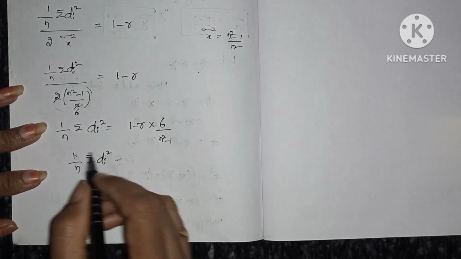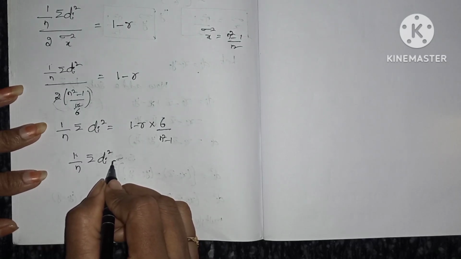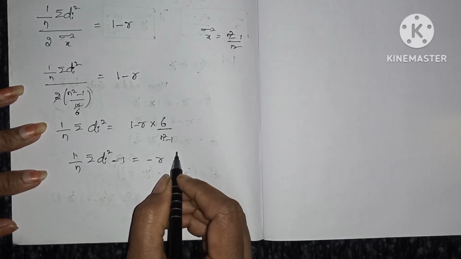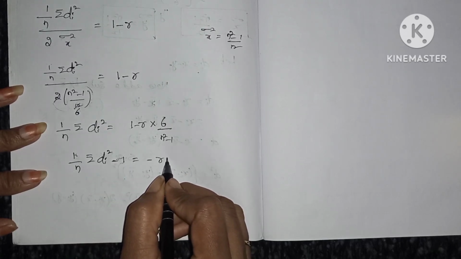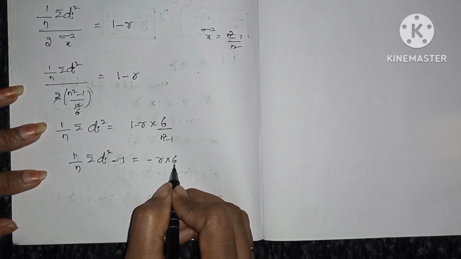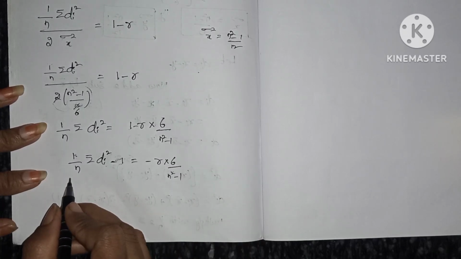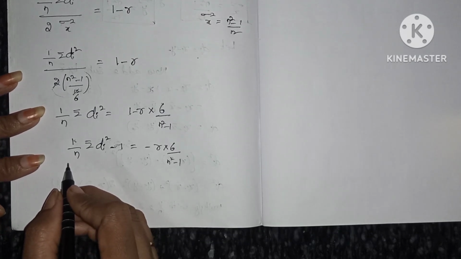So from RHS to LHS we are going to take. So minus 1 equals minus r into 6 by n square minus 1. Okay, so minus I am going to take common.